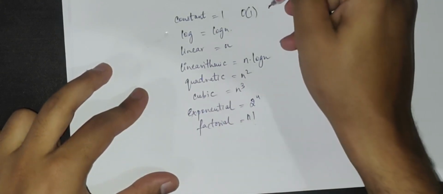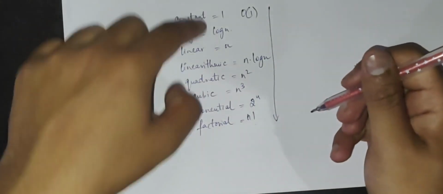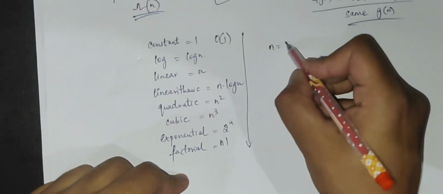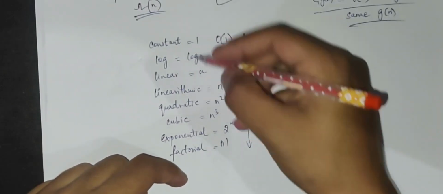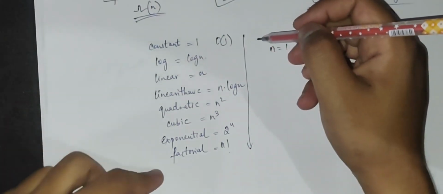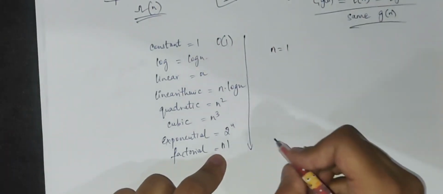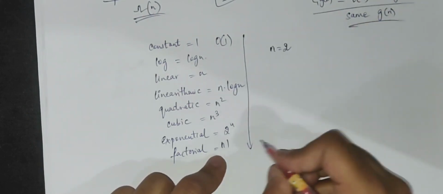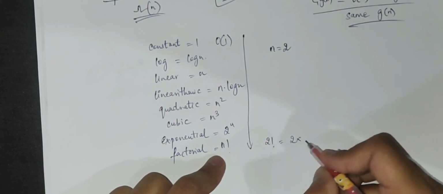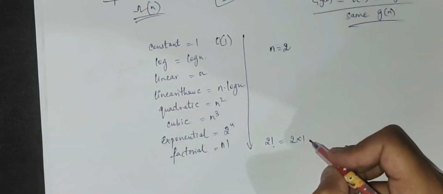If you look at the order of growth of these, it increases in this way. If you put n as 1, you can calculate these. For n factorial, if you put 2, 2 factorial is 2 times 1.